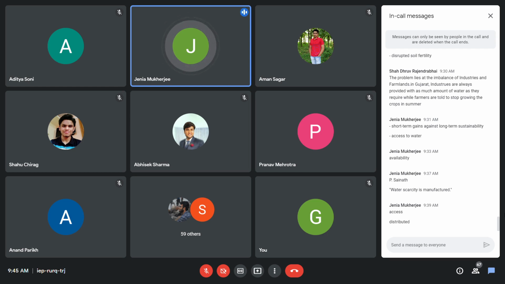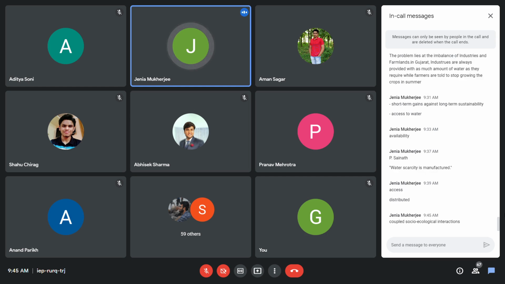So that is why this framework of coupled socio-ecological interactions is so important in environmental humanities. If you see the course structure, a whole lot of time is spent on explaining the various frameworks.